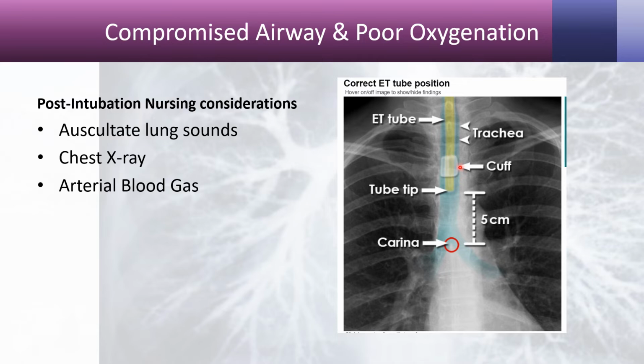That's why we have a syringe, and the tube tip should be about 5 centimeters above the carina. The carina is where the bifurcation happens. So again, it should look like this when you look at the chest x-ray. And of course, don't forget we need an ABG, arterial blood gas.